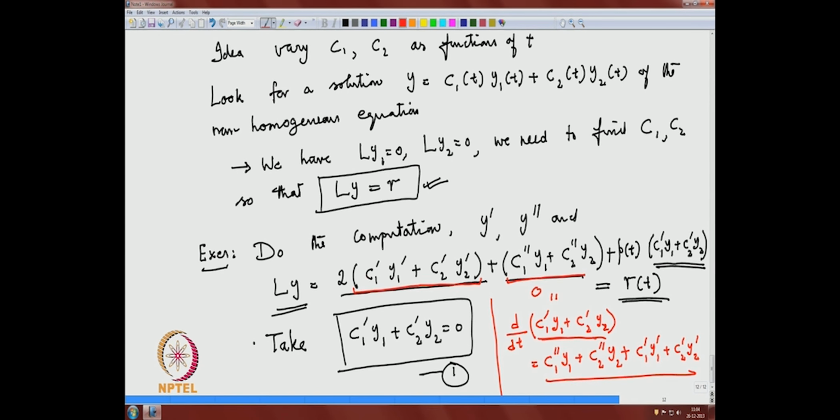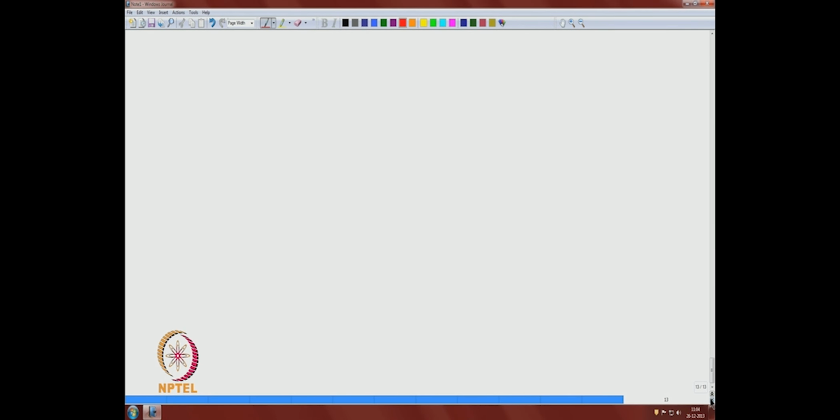This is the advantage: one more term will get cancelled. So, the only remaining term will be one more term. In that case I will get C1 prime y1 prime plus C2 prime y2 prime is equal to r(t), and the first equation I already have, C1 prime y1 plus C2 prime y2 is equal to 0.